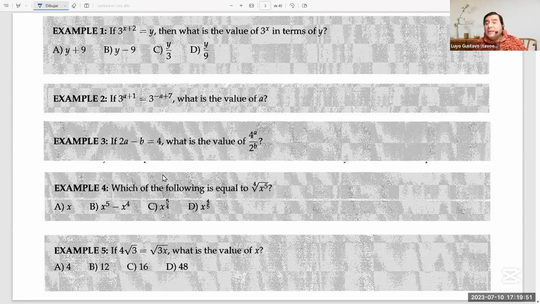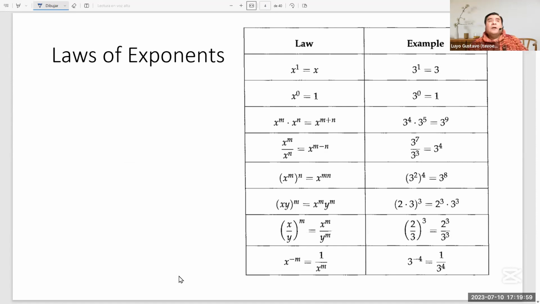What is the theory that we need to know and memorize about this? Let's see, okay? The important thing here is that first you need to memorize these laws of exponents. Thank you, Axel, again, for your response. Later on, we'll come back to these questions. Don't worry, we'll see the correct answer to each of them.